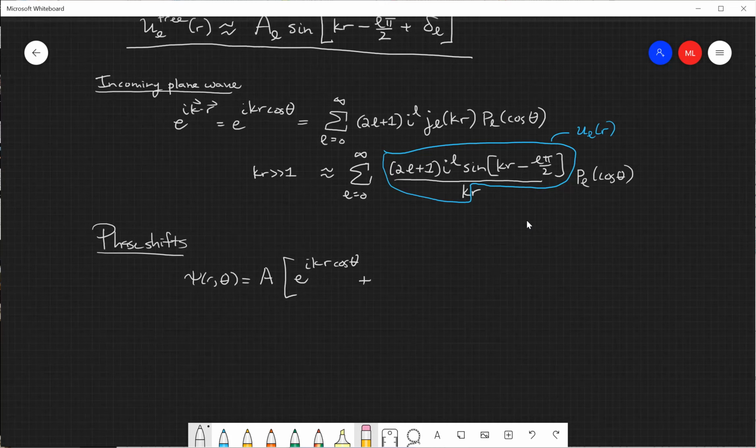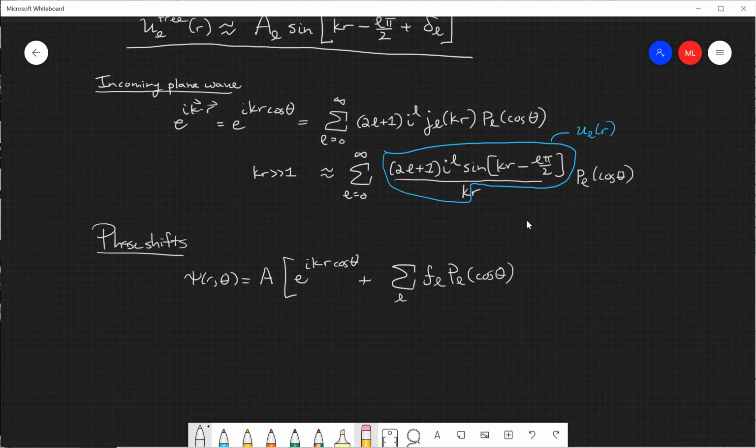But then you also have this angular function, and an angular function we can expand using the spherical harmonics because they're complete. Any angular function you can expand in spherical harmonics. And moreover, by the symmetry, we know that angular function only depends on theta. So that whole amplitude is going to be some sum over the partial waves, the L's, of P_L of cosine theta. It has to be that.